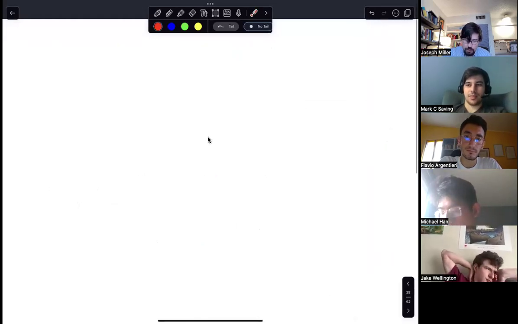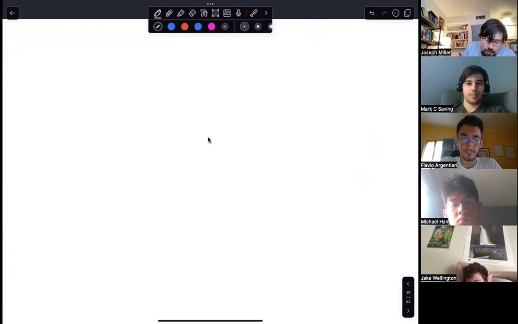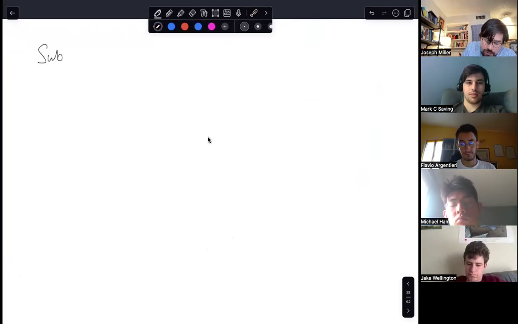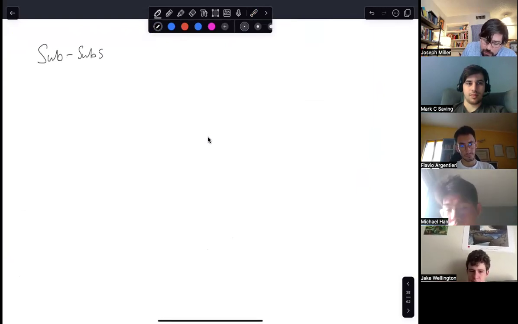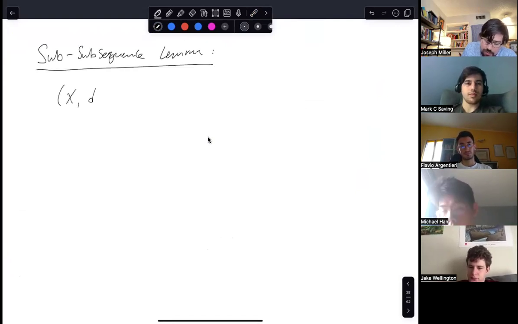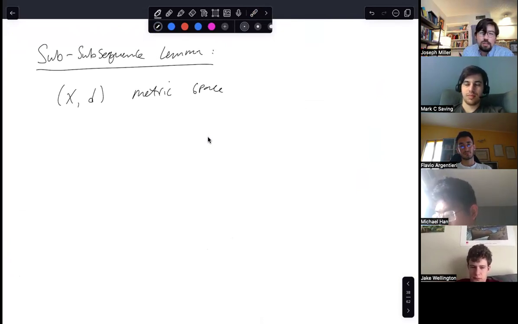So let me show it to you. I might add this to the notes. There's a thing I would like you guys to remember, which is called the subsequence lemma. The setup is, if I have a metric space, and I think this works for more general spaces, maybe topological spaces, but I just don't want to say anything incorrect.